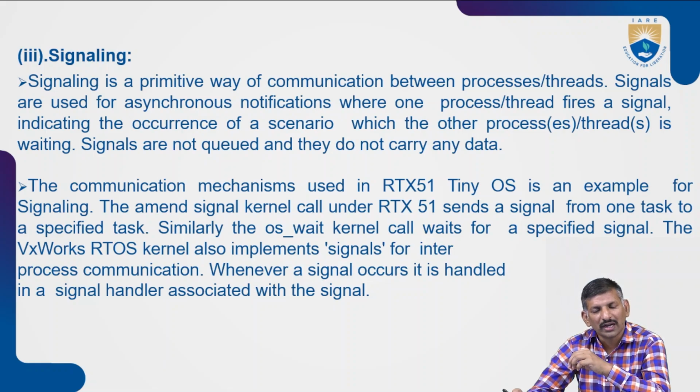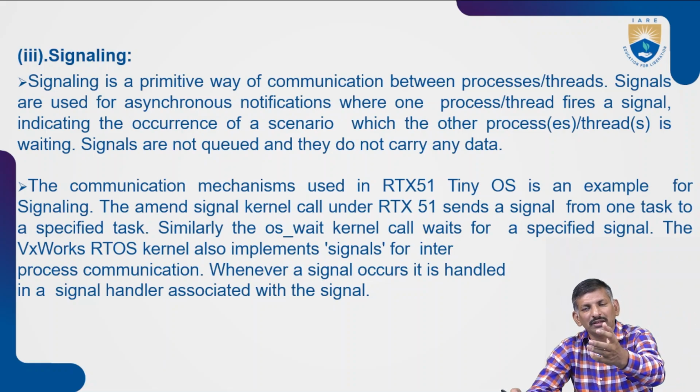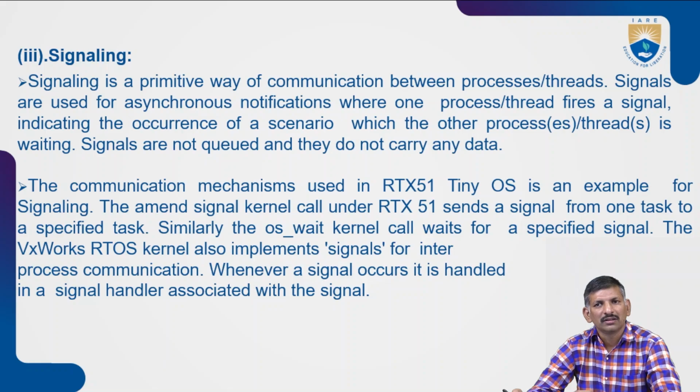Signals are used for asynchronous notifications where one process fires a signal indicating the occurrence of a scenario. Suppose an object comes in front of the vehicle, that indicates some signal. Then the ABS, anti-lock braking system, will activate automatically.